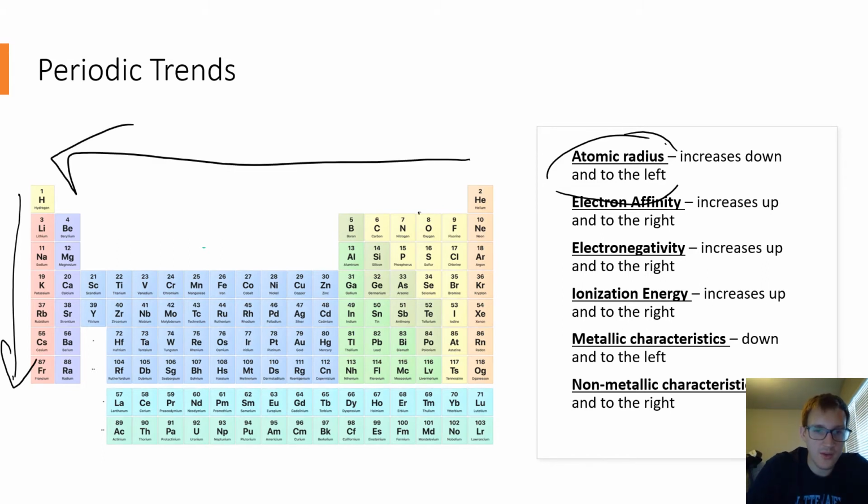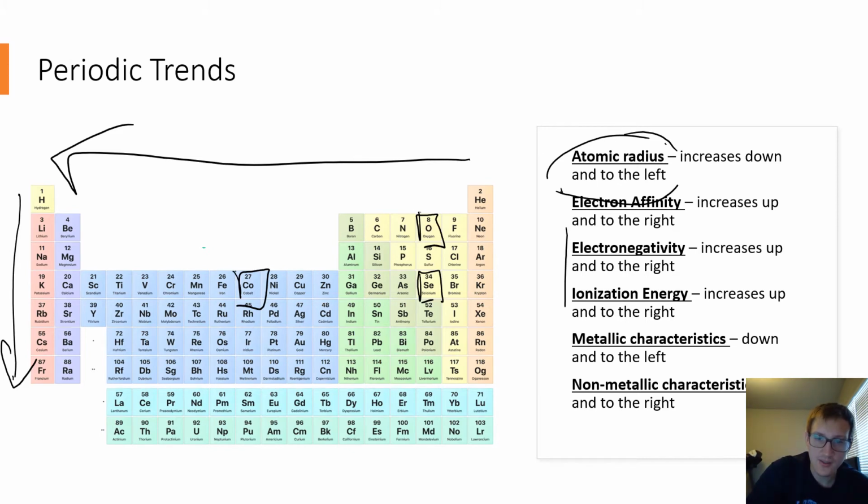So if I look at these three elements, oxygen is going to be the smallest in terms of atomic radius. Cobalt is going to be the biggest because it is the farthest down and to the left. And then I believe that is selenium or something like that, and that one is going to be in the middle.